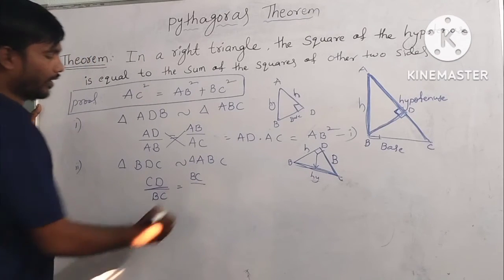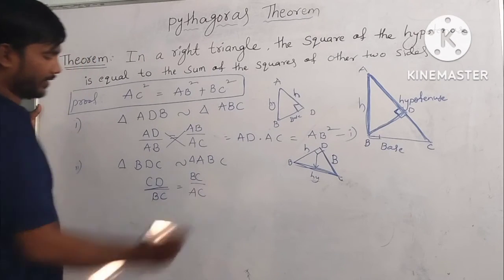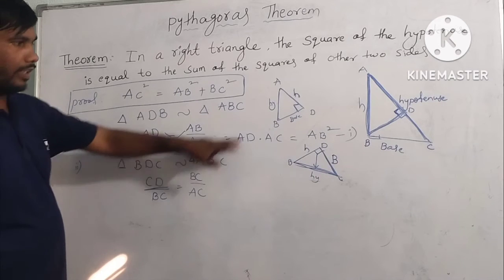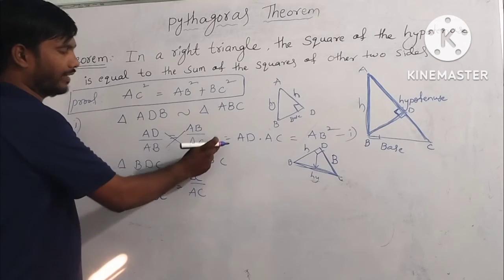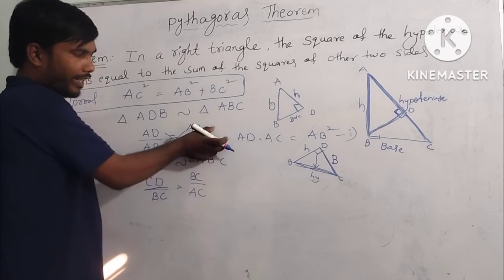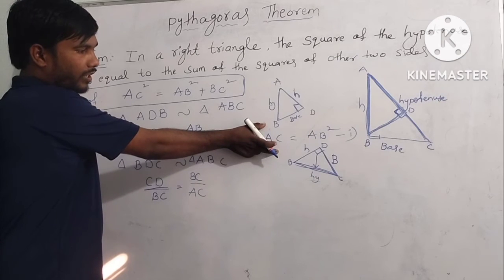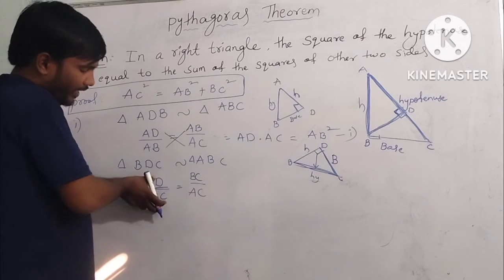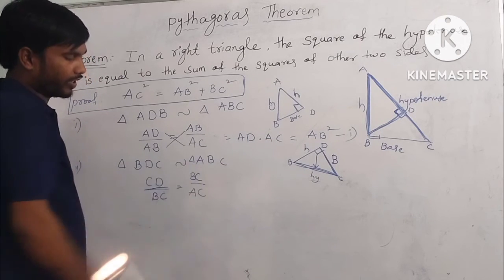What is the hypotenuse of the larger triangle? AC. In the previous problem we took the height ratio equal to the hypotenuse ratio. Here the base ratio is equal to the hypotenuse ratio.